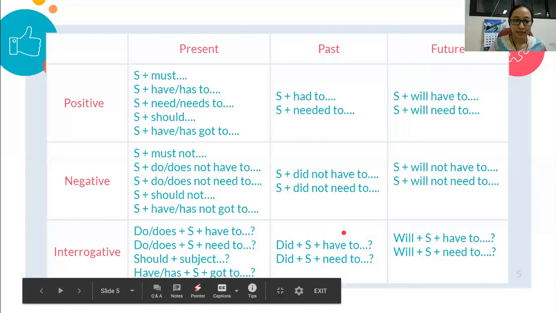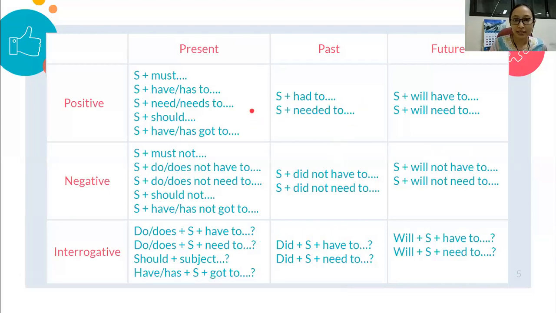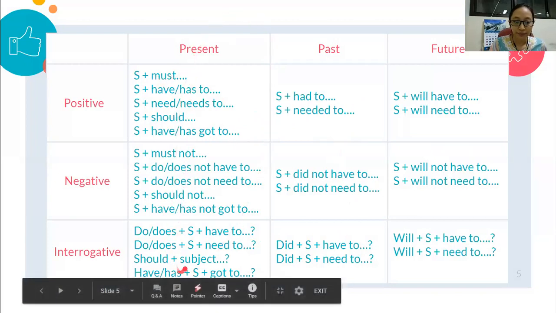The next is, there are some differences in the usage of must, have to, need to, should, and also have got to. Okay, look at this one. Ini must bisa dipakai untuk present situation. Must, must not.